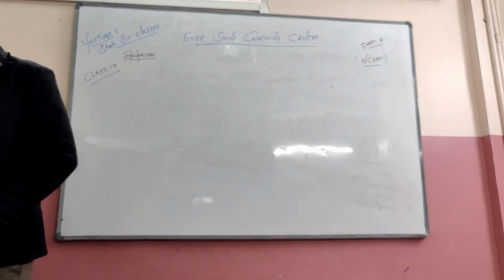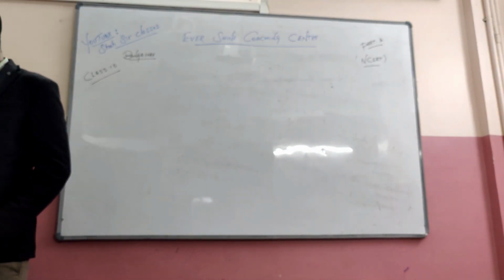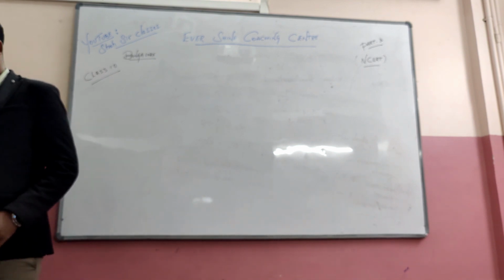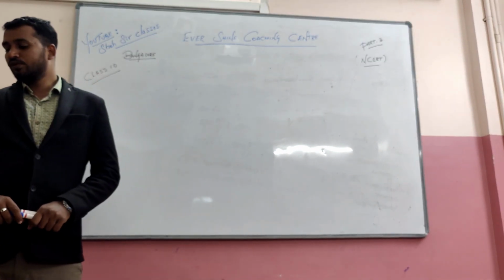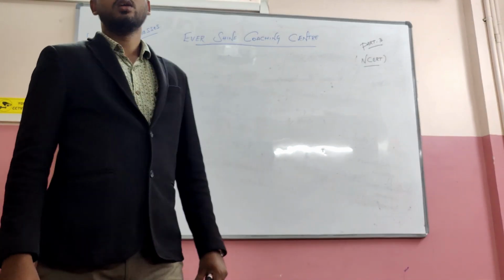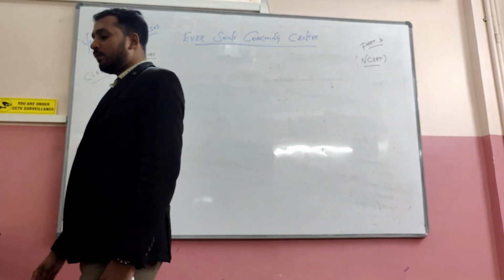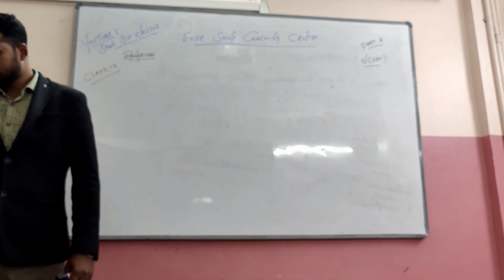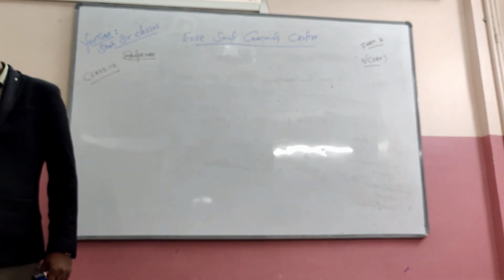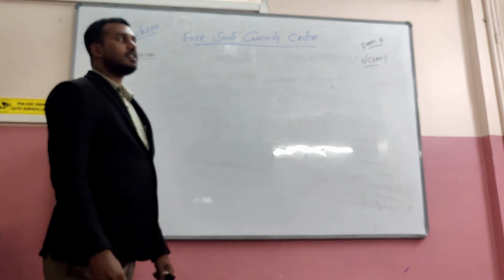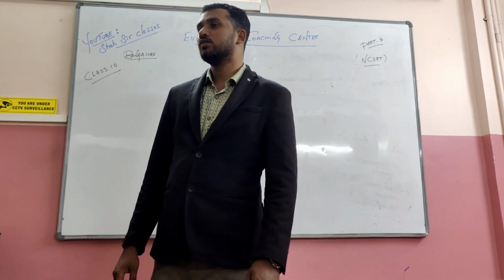Take down the next question for your practice purpose. Prove that 7 plus root 5 is an irrational number.